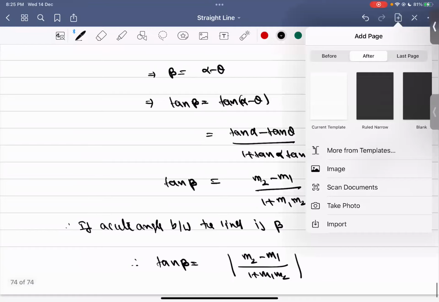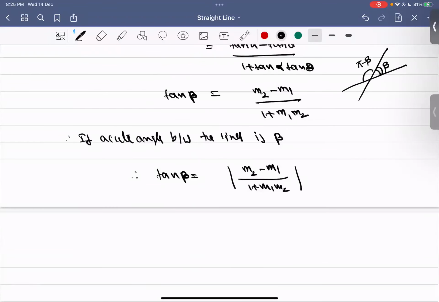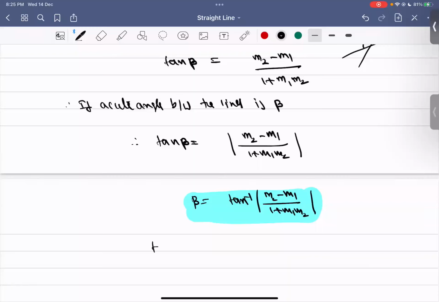So beta is the angle we need, therefore beta is equal to tan inverse of mod (m2 minus m1) by (1 plus m1 m2). So this is the angle between the two lines. This is the formula. Tan of pi minus beta is also an angle, so you can also write tan(pi minus beta) is equal to minus of (m2 minus m1) by (1 plus m1 m2), but the angle is this one.